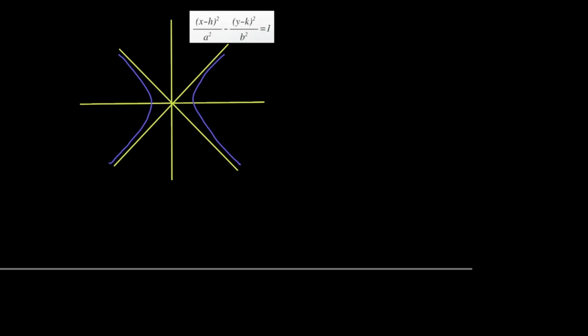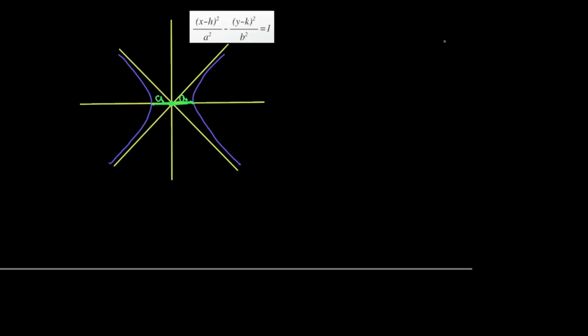Well, the A is the distance from the center of the hyperbola, which is right here in green, to the vertices of the hyperbola. So this distance from here to here and here to here, that's A, and that's A. So that means the length of the transverse axis, which is this whole part, would be 2A.